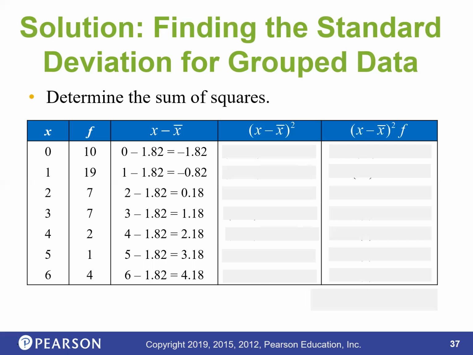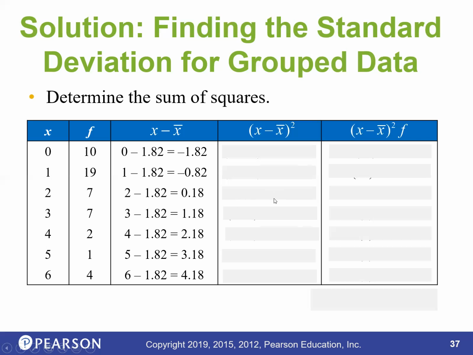Okay, cool. The next column, you probably do need a calculator here. Remember we talked about this last time, just real quick. If you're going to use the negative, you've got to put parentheses in. Or, you know, a negative times a negative is going to be positive, so who cares about putting in the negative originally? In your calculator, just put 1.82 to the second power and see what we get.